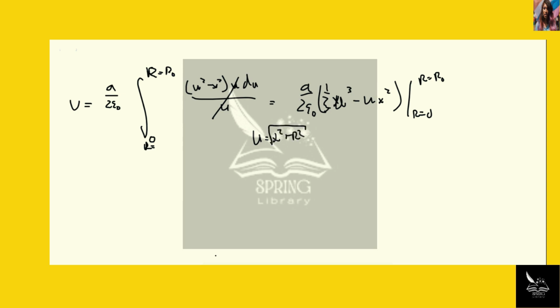And we see we have A over 2 epsilon naught, and then we have 1/3 (x squared plus r squared) to the 3/2 minus x squared times (x squared plus r squared) to the 1/2, and this is evaluated from r equals 0 to r equals R naught.